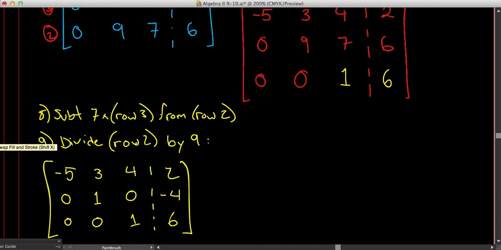Oof, I'm really moving along here. Our 10th step is going to be to subtract 4 times row 3 from row 1.